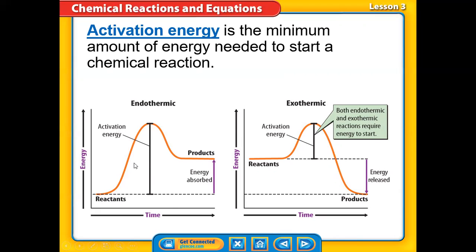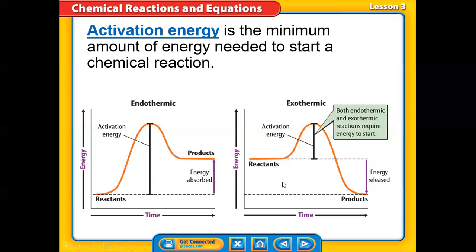So we need to provide more energy, by heating these reactants, by exposing them to an electric shock, or even by shaking, or something like that. So in that case energy is absorbed, which means the amount of energy in the products is more than the amount of energy in the reactants.